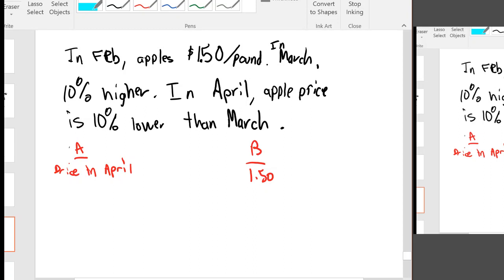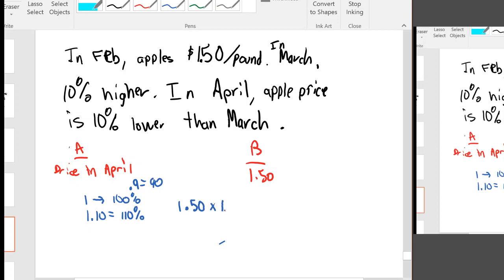I'm going to do this via decimals because it's a little bit easier. If it's 10% higher, I know that 1 in terms of decimals is equal to 100%, the same way 0.9 is equal to 90%. But it's 10% higher, so it's going to be 1.10. That's 110%.